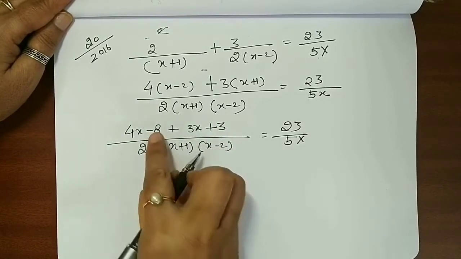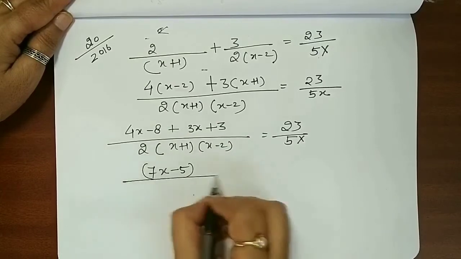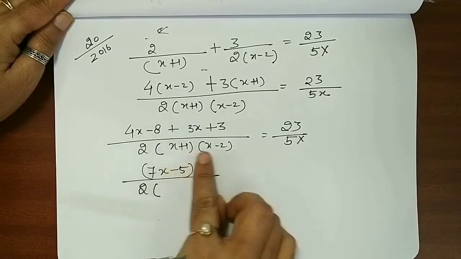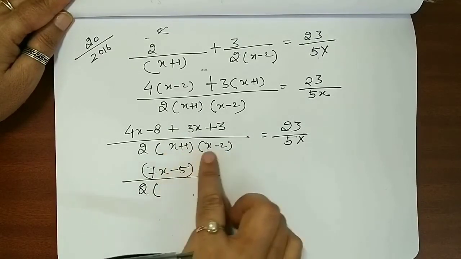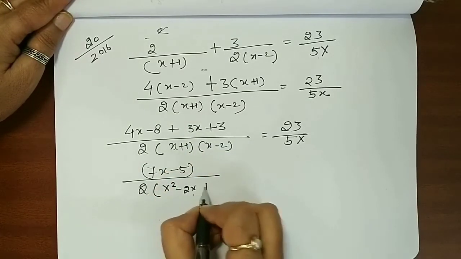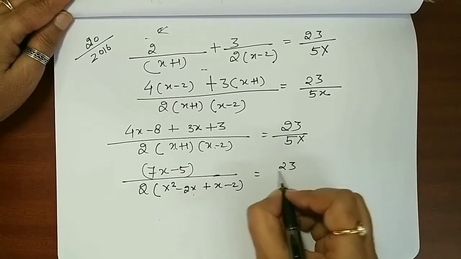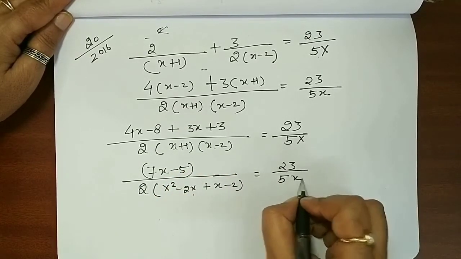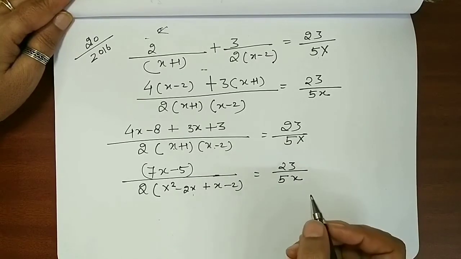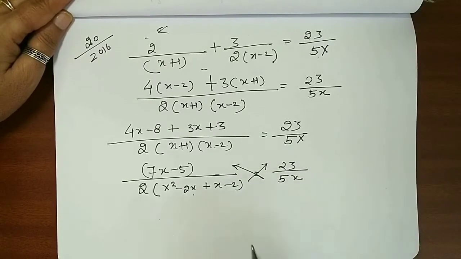Okay. So what I am getting here is 4 plus 3, 4 plus 3 is 7x, minus 8 plus 3 is minus 5 by 2. If I make the product of these two, it will be x square. X with this is minus 2x plus x with this and minus 2. 23 by 5x. Okay. Now let me take this side and this side for the simplification.